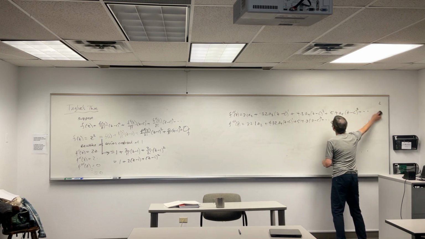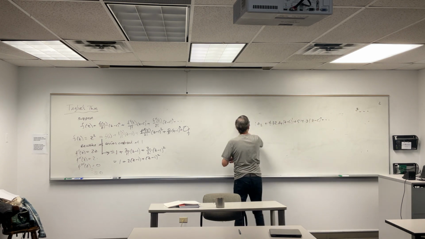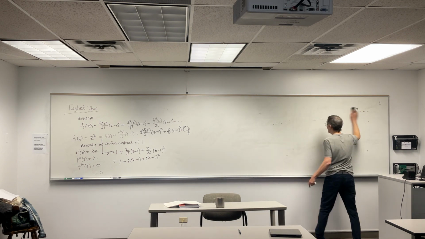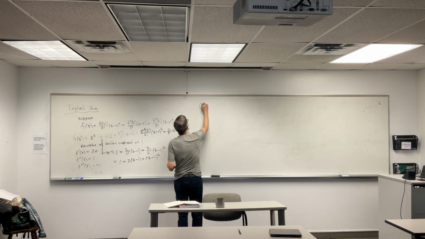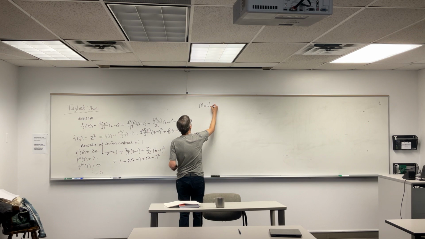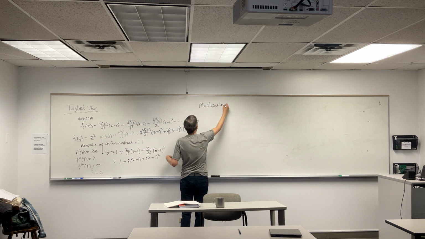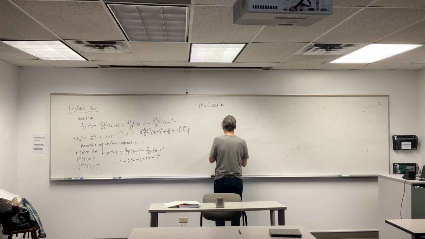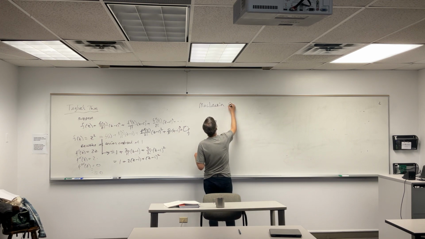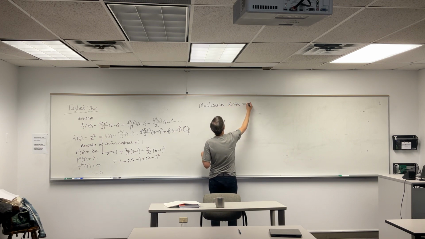Let's do another one. If the center is 0, what do we call the series? Maclaurin. Maclaurin, so yeah. I don't know how to spell it. You don't need to know how to spell it. I don't know if that was a capital L or not. I don't know Scottish names well.